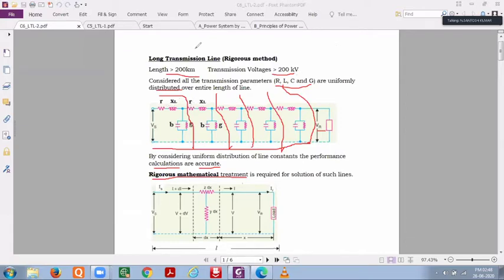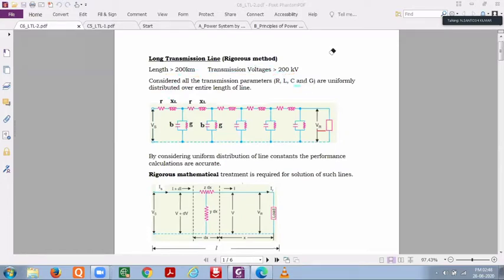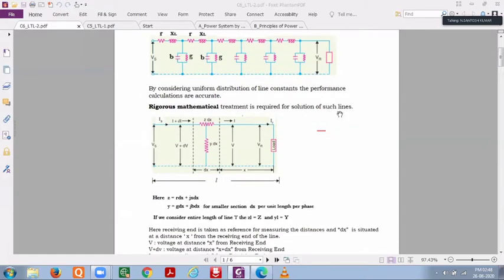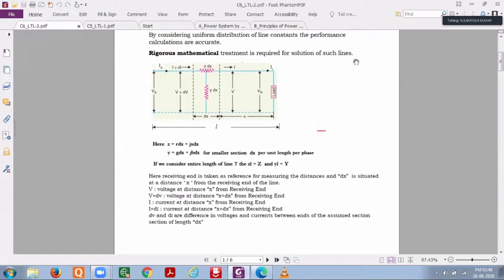To make the analysis, we'll consider a small section of length dx. Same diagram, I'm just considering a small section, this dotted line. Where I'm placing my pointer, focus there. This is dx, a small section of the transmission line. This capital L is the total length of the line.